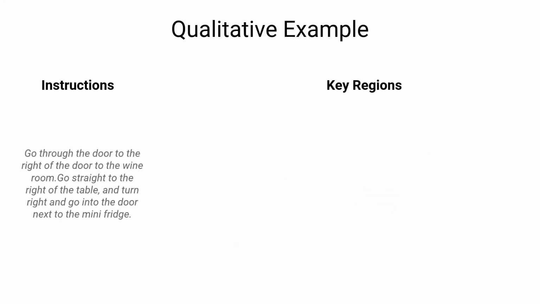In this example, we will compare VLN-BERT's visual grounding when we skip stage 2 of pre-training on image text pairs from the web. The key phrase in this set of instructions are the words mini fridge, which describe where the agent should stop. As in the previous example, the phrase mini fridge is only seen in the VLN training data once, so it is a difficult concept to learn.